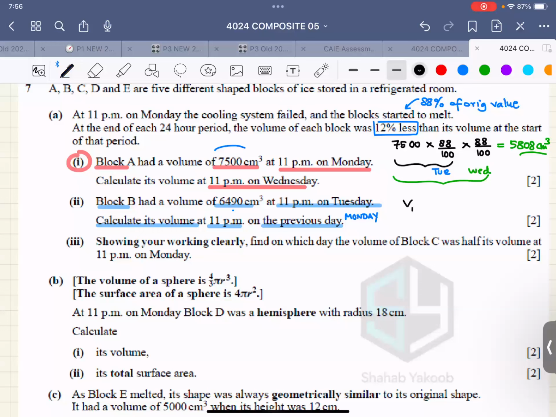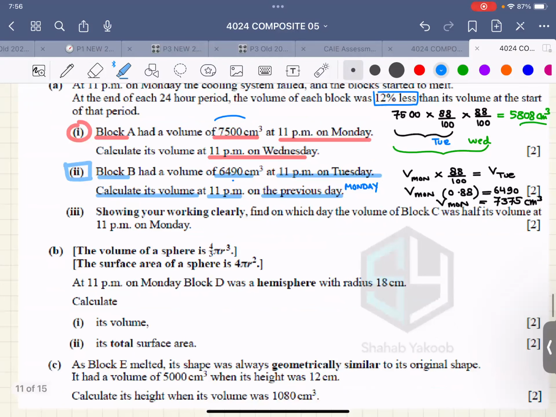The volume on Monday multiplied by 88%, which is 0.88, gives me the volume on Tuesday, which is 6490. So let's divide 6490 by 0.88. The volume on Monday comes out to be 7375 centimeter cubed. That is the second part.